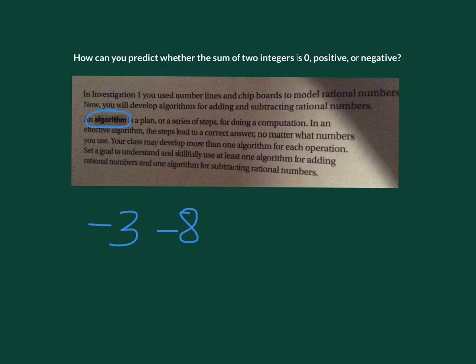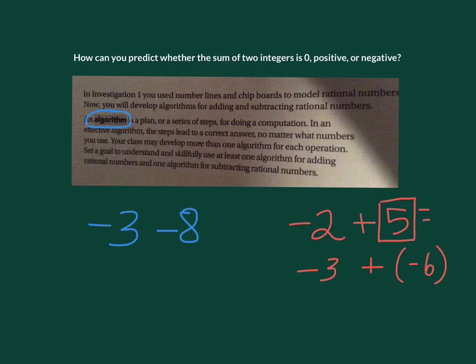Okay, likewise, if we think of something with addition and you think of a -2 added to a 5 or a -3 added to a -6, you're going to start to see some patterns. For example, I might notice since 5 is further from 0, I can really just subtract 5 minus 2 and get 3.